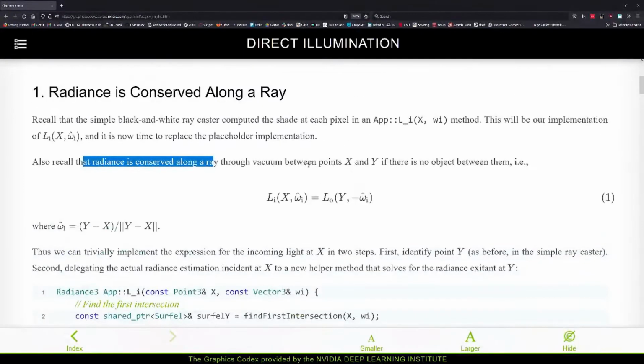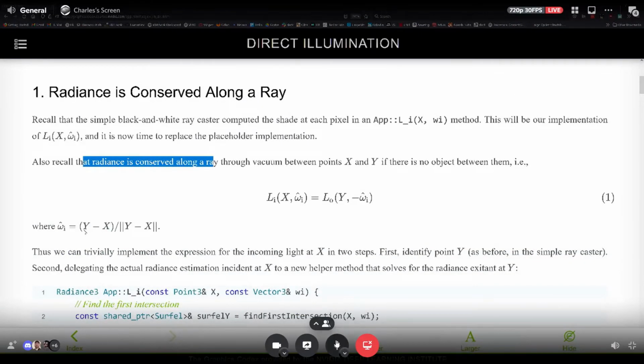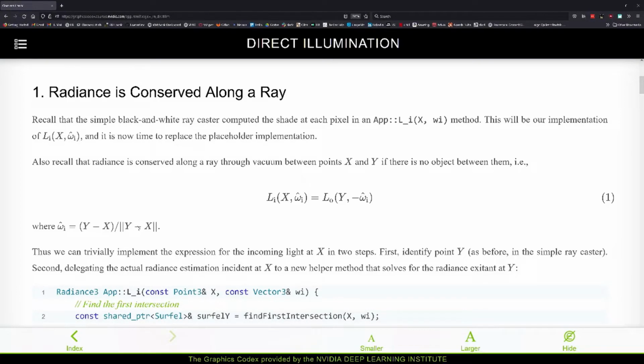X minus Y between the two. This is just direction. We're getting the magnitude between the two points, or the direction. Magnitude of a normalized.